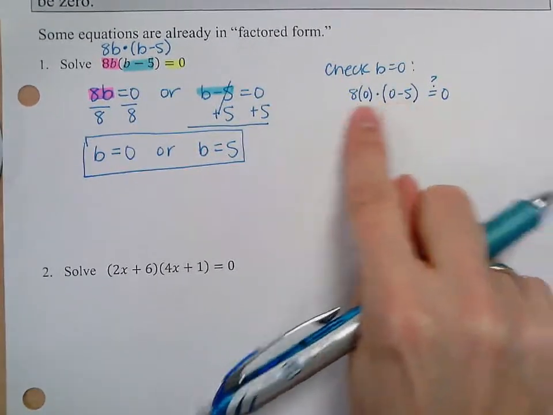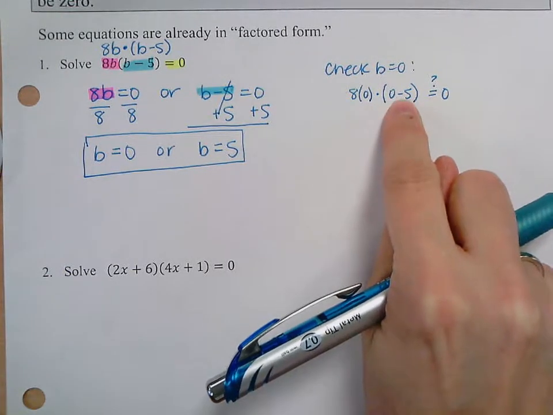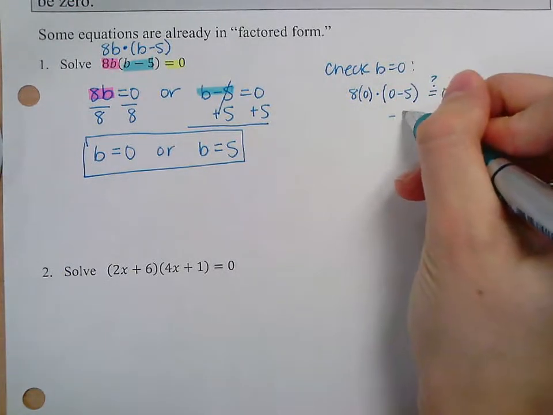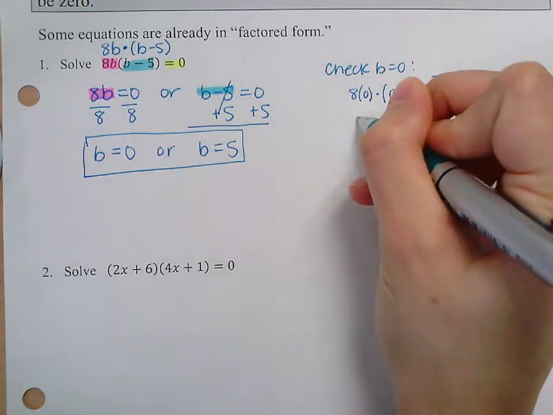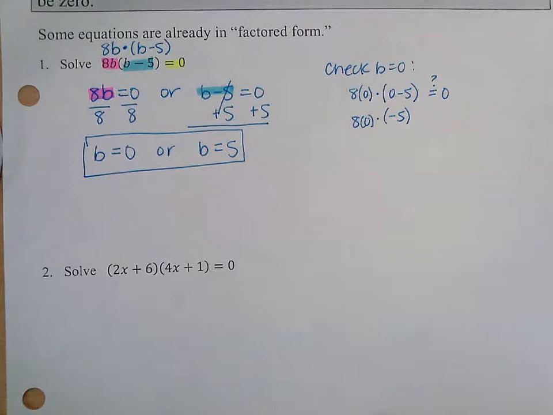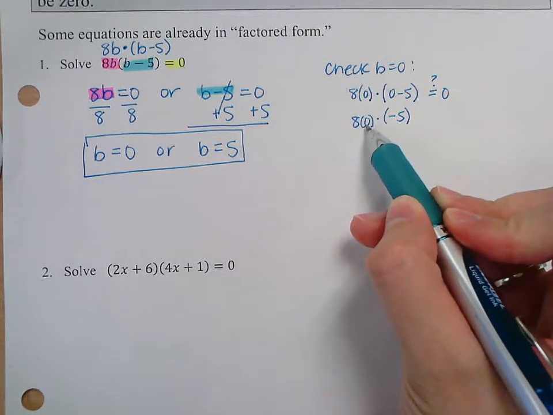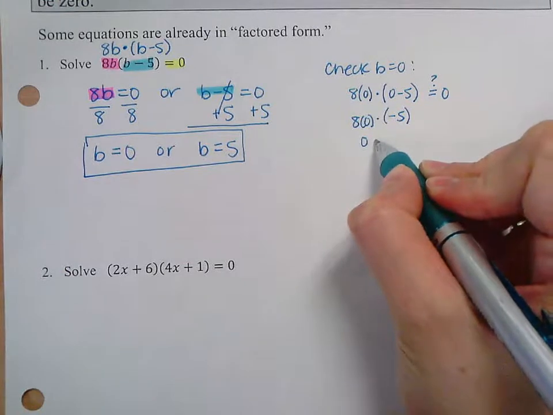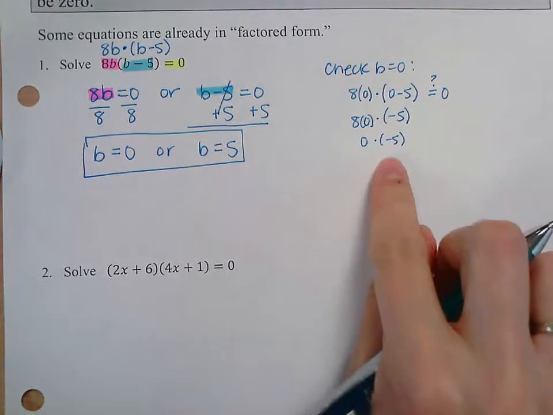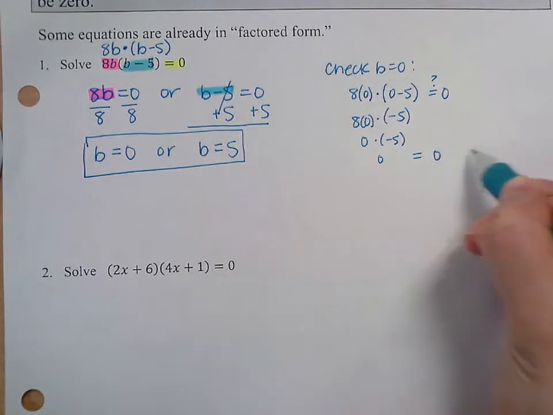So if I follow order of operations here, start in the parentheses, 0 minus 5, that's negative 5. So I have 8 times 0 times negative 5. What is 8 times 0? 0. What's 0 times negative 5? 0. So I do get 0 equals 0.